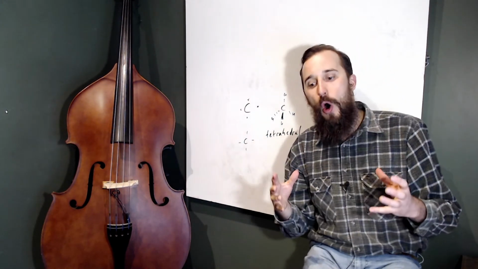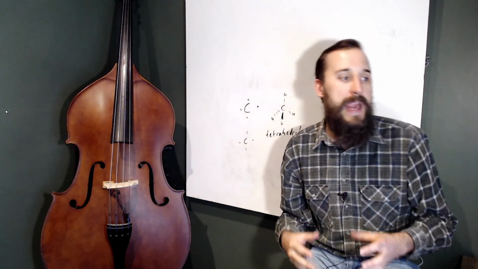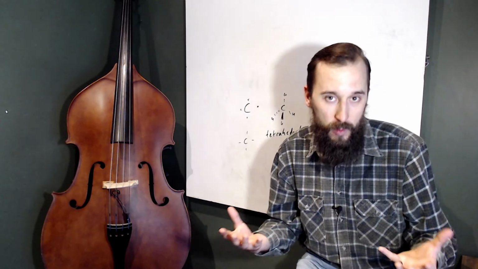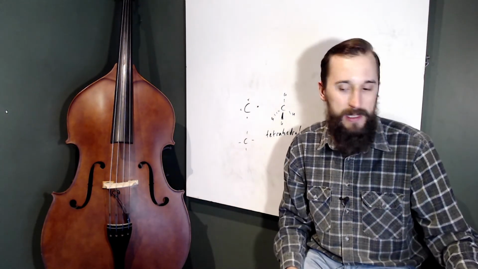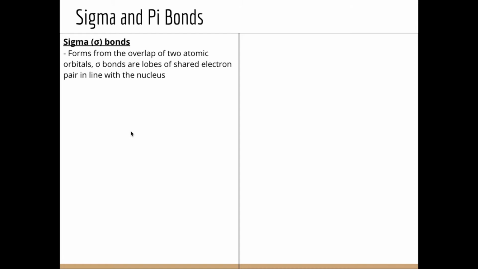So the type of bonding, the type of hybridization, will dictate what the carbon will look like, what the geometry of the carbon molecule will look like in three-dimensional space. So let's look at that now in a tad more detail. We've introduced previously the concepts of a sigma and a pi bond. Let's recap them now and link it to organic chemistry.